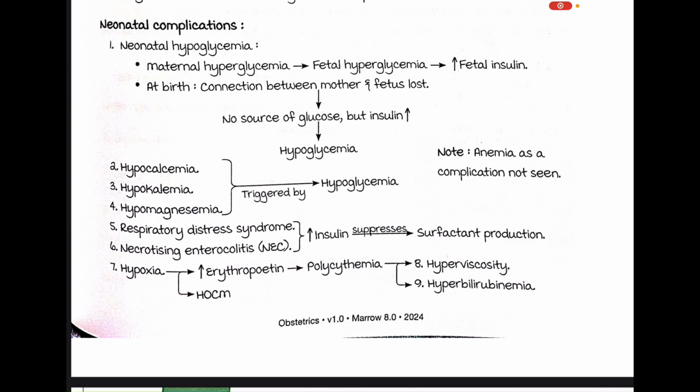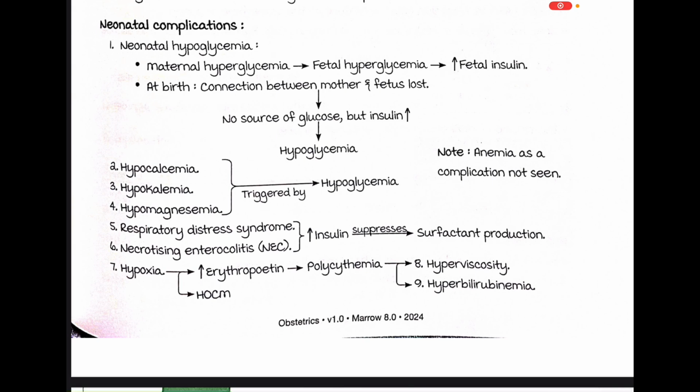At birth, the connection between mother and fetus is lost, so there is no source of glucose but increased insulin, causing hypoglycemia. Note: anemia as a complication is not seen. Hypocalcemia, hyperkalemia, and hypomagnesemia are triggered by hypoglycemia.